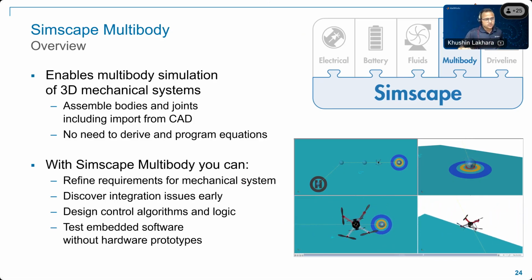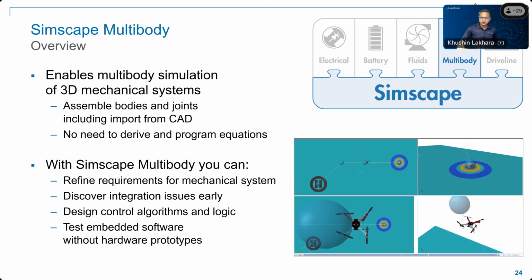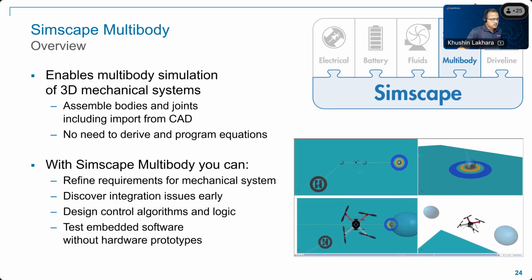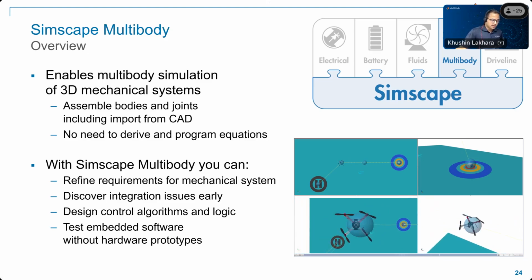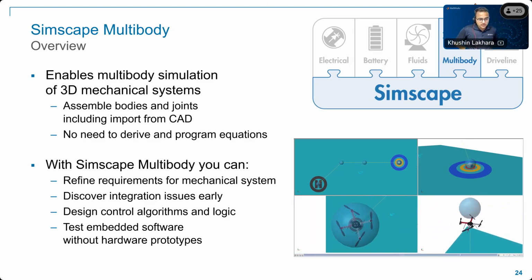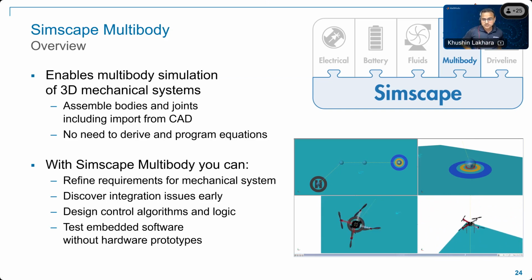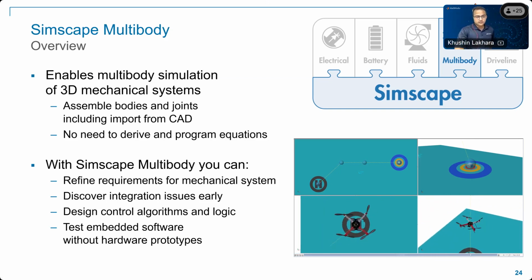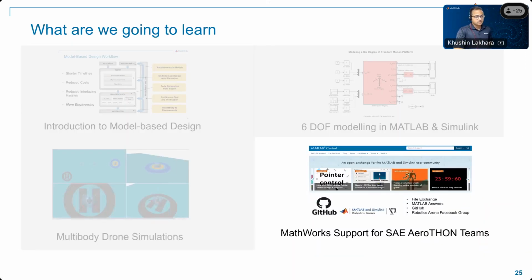Within Simulink, we have Simscape. Simscape Multibody helps you to do such multi-body simulations. It can help you to define your requirements, discover your integration issues, and work with the design control algorithms. So try this, check out this example. Please feel free to reach out to me if you guys have any doubt.